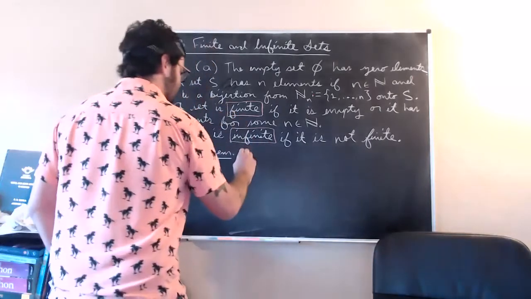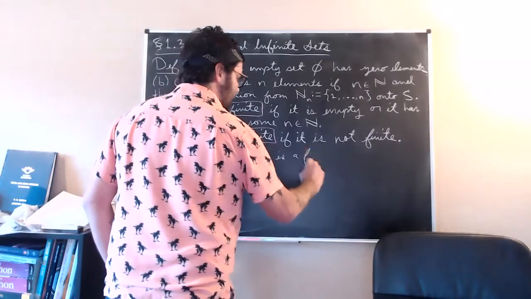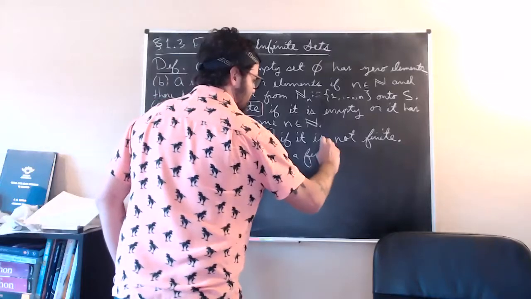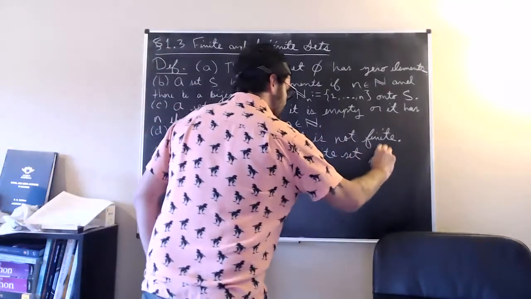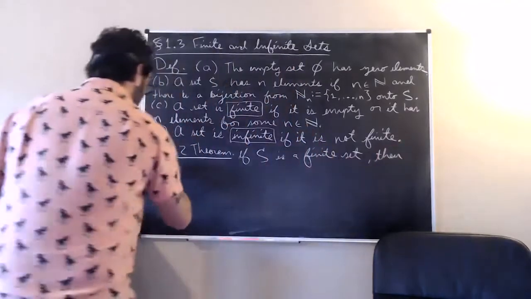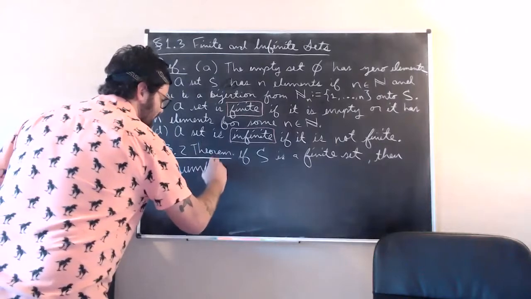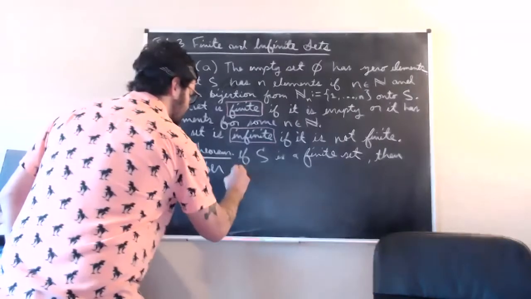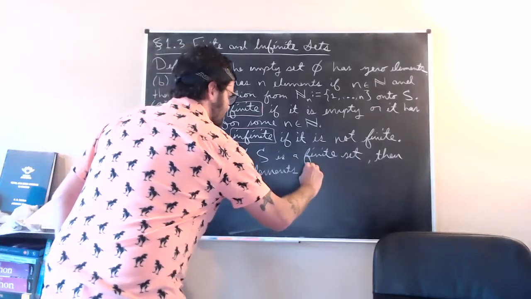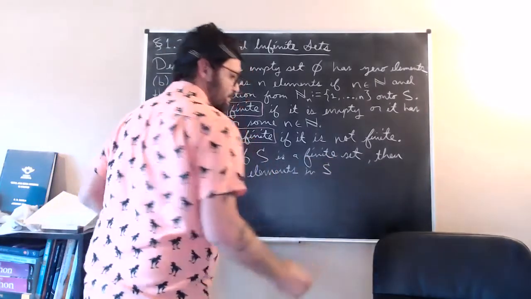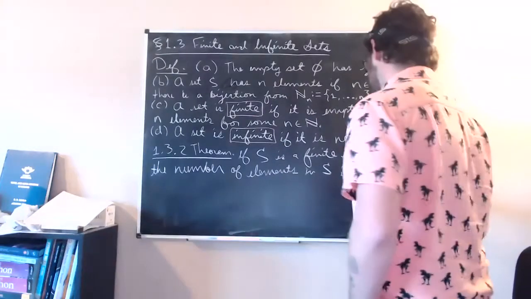It states that if S is a finite set, then the number of elements in S is a unique element of the naturals.